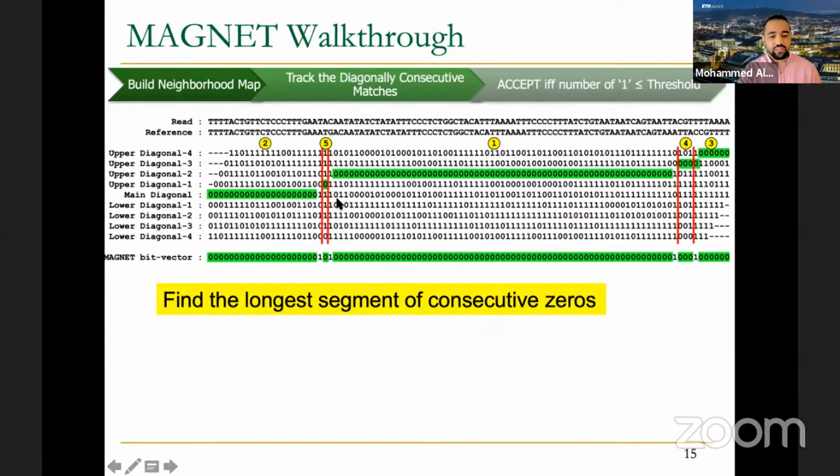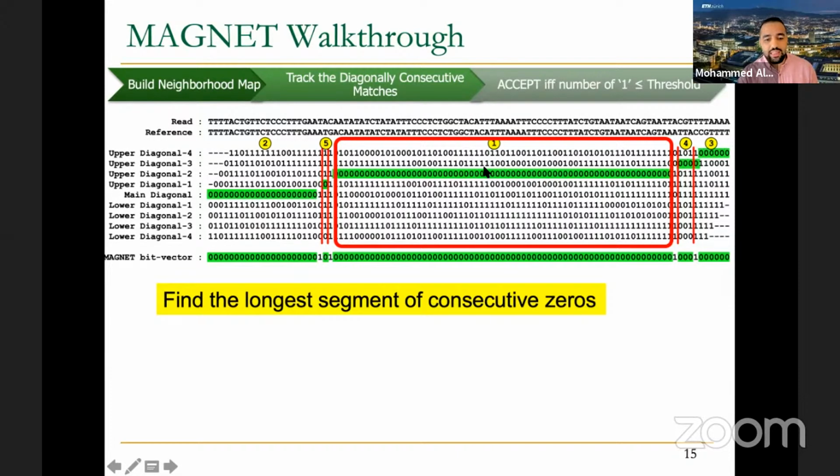Now, how does it operate? As I said, we go over each mask, and we count the number of zeros that are next to each other, that are consecutive to each other. And then we try to find the segment that has the largest number of zeros out of all masks, which is coming from upper diagonal 2, the one highlighted as number 1 over there.